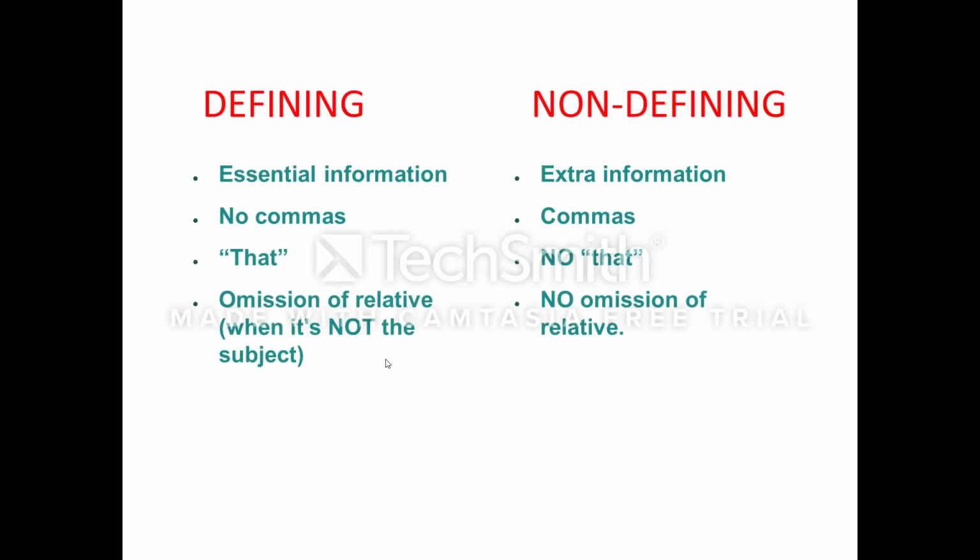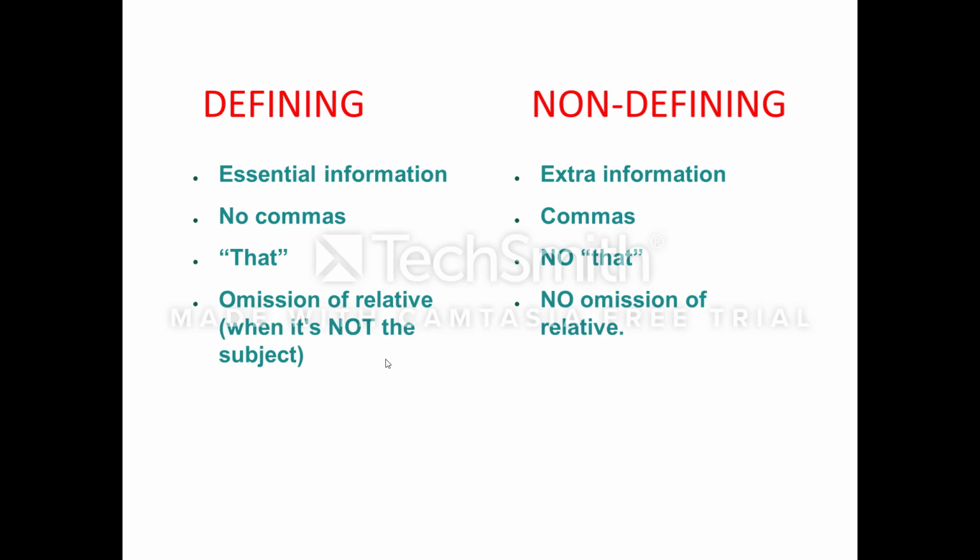I would like you to take a short look at some differences between defining and non-defining relative clauses. Defining relative clauses give essential, crucial or basic information about the topic we are talking about.